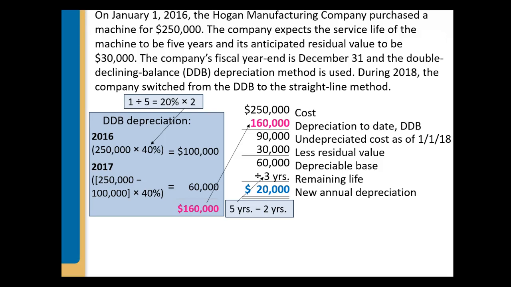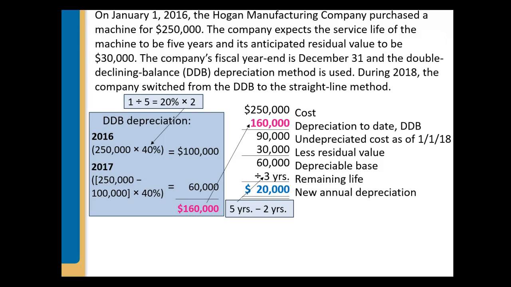Now, the rate used for double declining balance method is calculated by doubling the straight line rate for 5 years, which is 40%. The depreciation in the year 2016 under the double declining balance method is calculated as $100,000, which is 40% of the cost of the asset of $250,000.